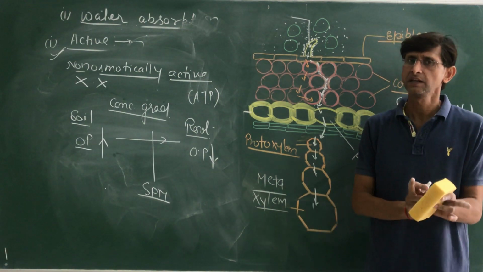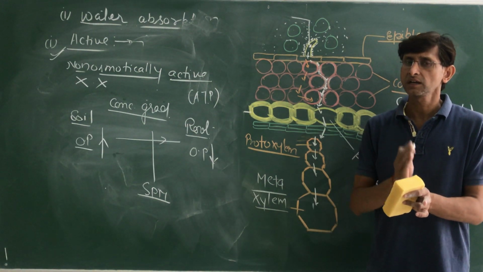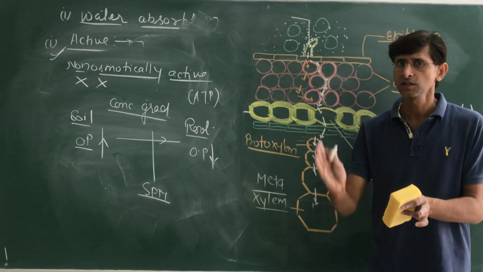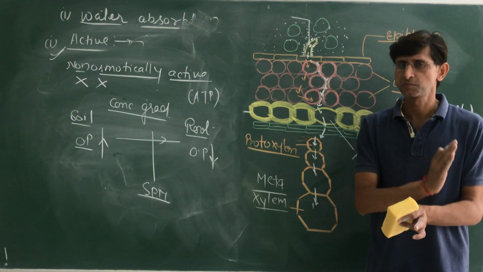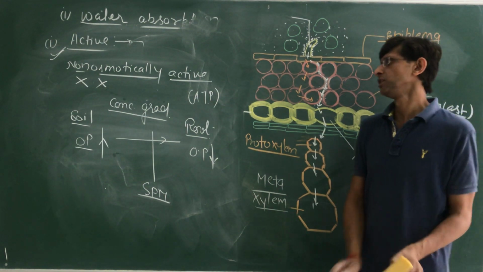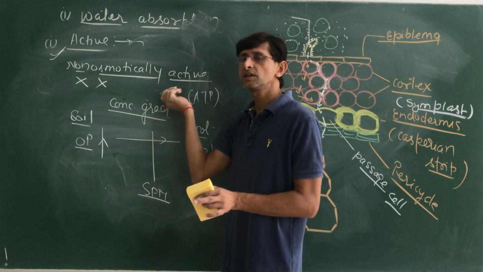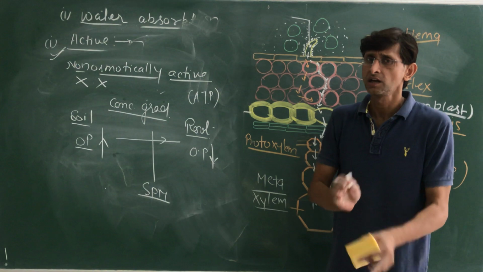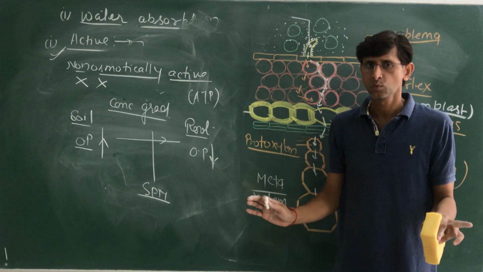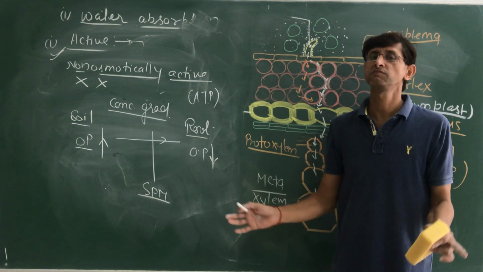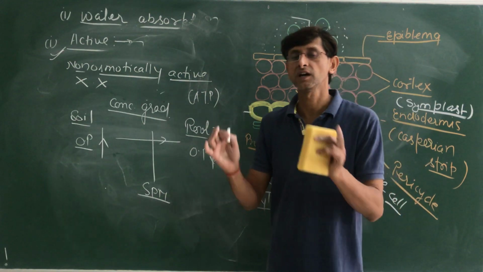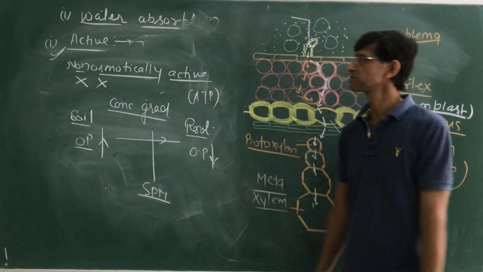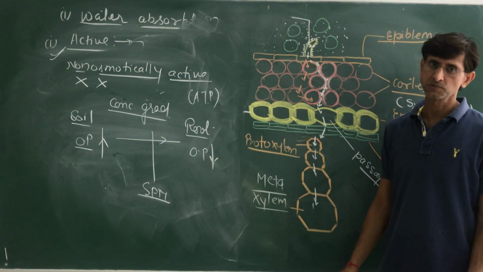In osmotically active, movement of water occurs along the concentration gradient through osmosis, no expenditure of metabolic energy. In non-osmotically active water absorption, movement of water occurs against concentration gradient, no osmosis will take place and expenditure of metabolic energy definitely occurs. Okay, so this is all about active water absorption.